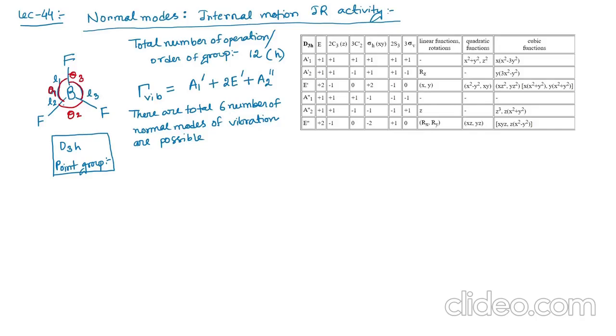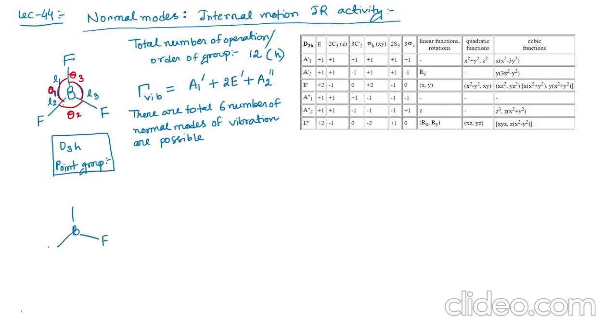According to this, there could be symmetric stretching or compression, asymmetric stretching or compression. There could be in-plane bending, right? What else is possible? Another thing is possible, that is doming.